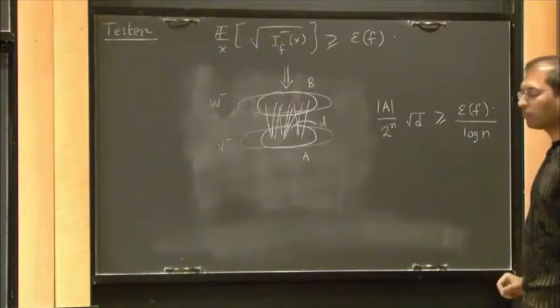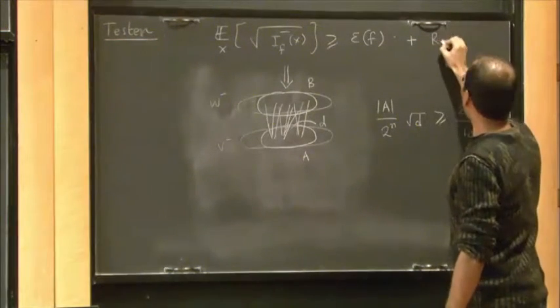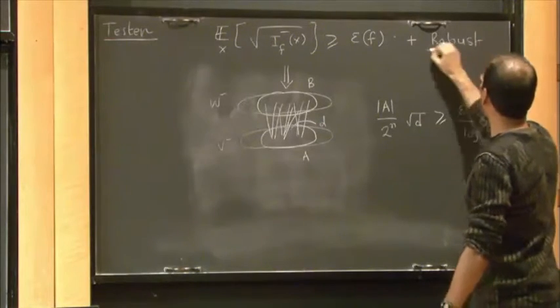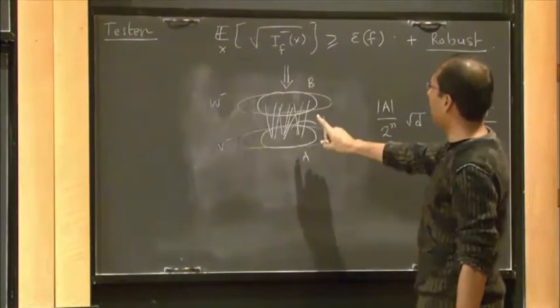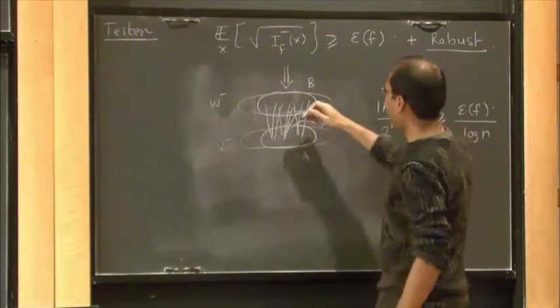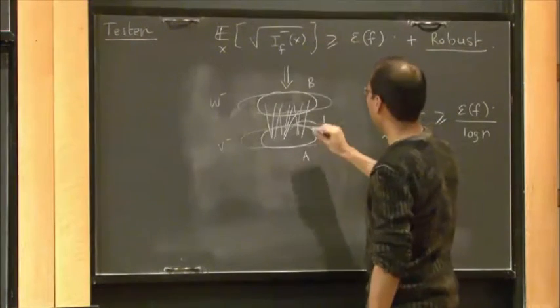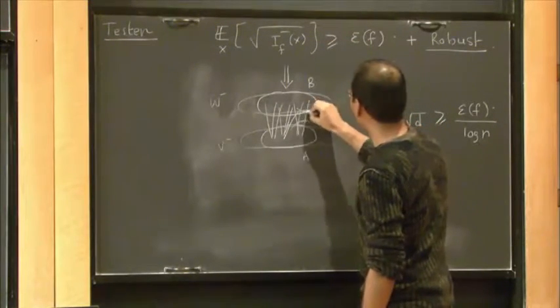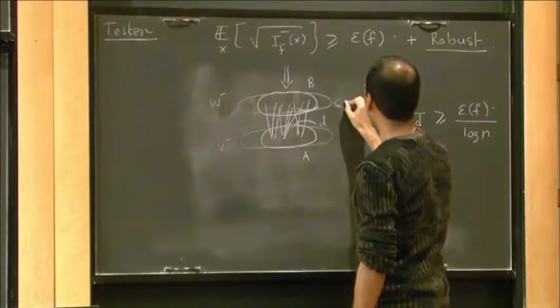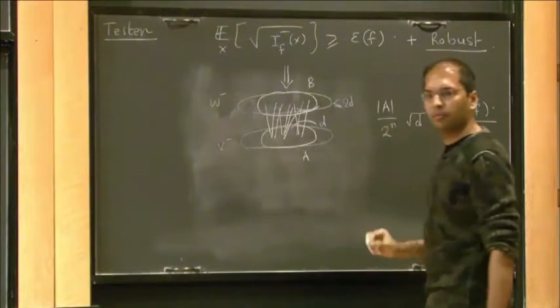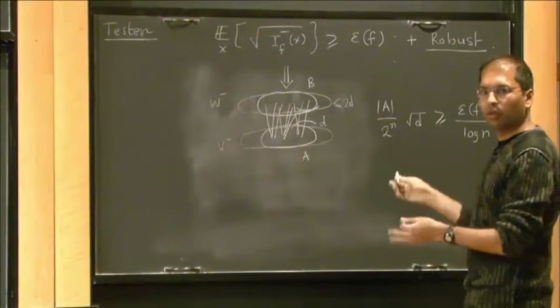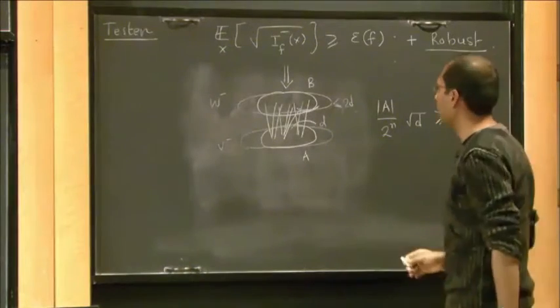Now, what this robust version allows us to conclude is an additional property: the degrees on the B side are at most, let's say, 2 times D. This is what one buys with the robust version.